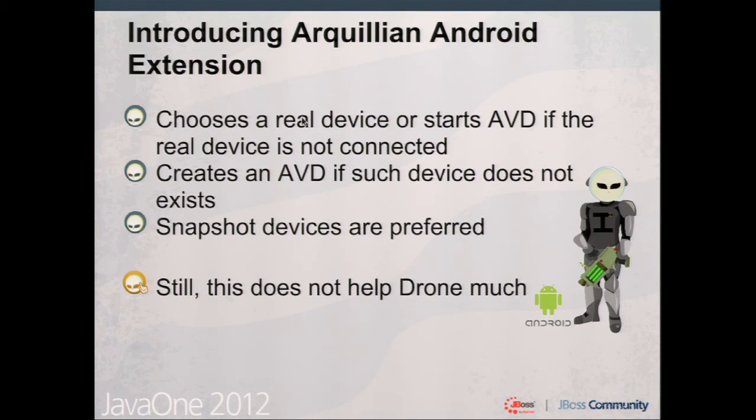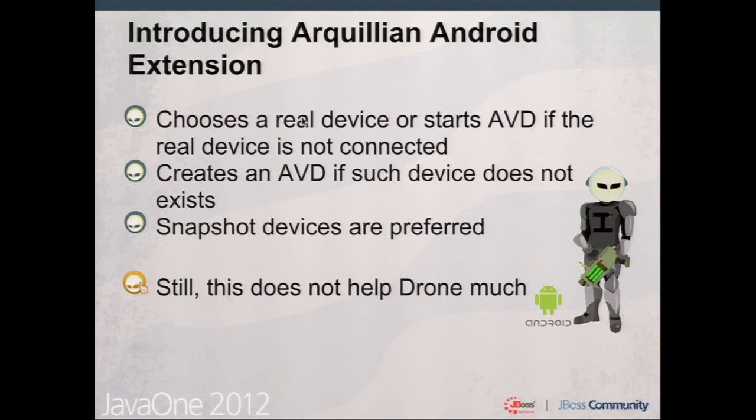A nice trick is to use snapshot devices. I don't know how aware you are of the Android SDK, but Android virtual devices allow you to store their memory onto the disk, so it means that it starts much faster on each subsequent usage.